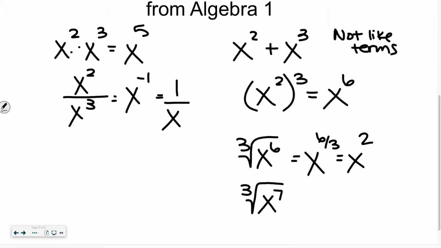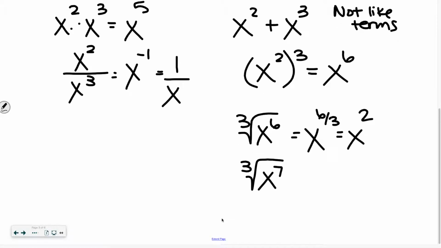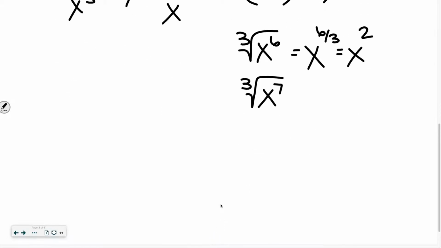That was the one where we were like, okay, well, 7 divided by 3 doesn't go in very nicely, but I could take the cube root of x to the 6th, right? That would be x squared again, but then I would still have one x left over. That wouldn't be able to come out of the cube root. It doesn't have enough to make a cube root.